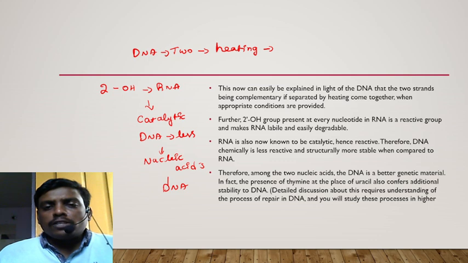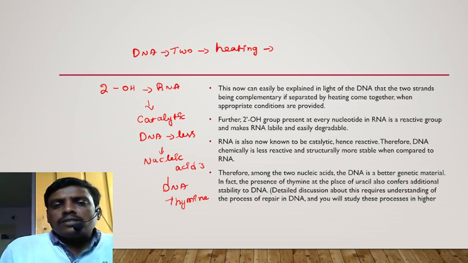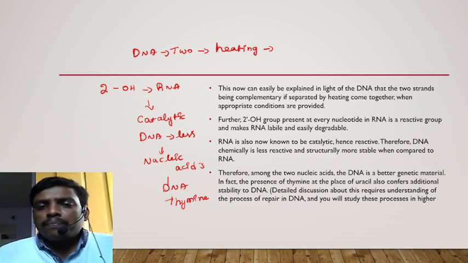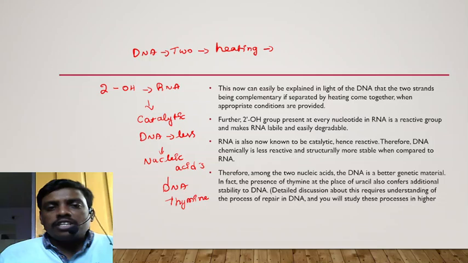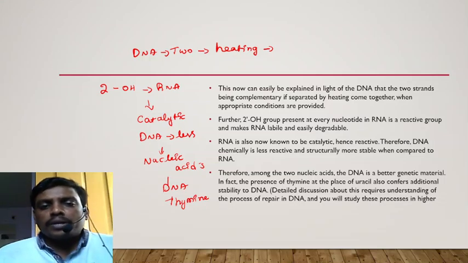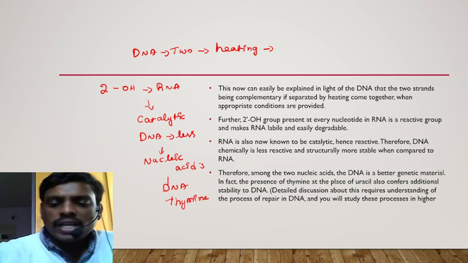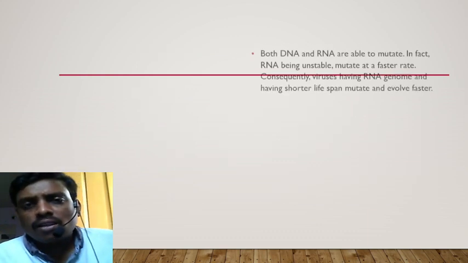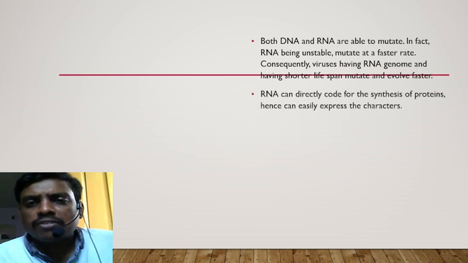In fact, the presence of thymine in DNA, whereas uracil in RNA, also confers additional stability to DNA, because thymine is more stable than uracil. The detailed structure of RNA we are going to learn in the coming videos.